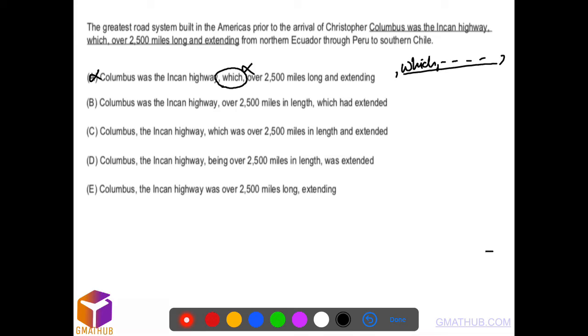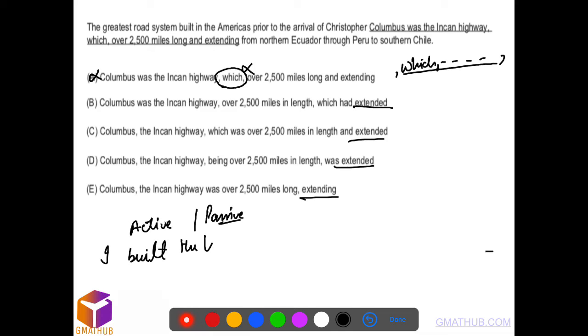Now between B, C and D, extended, E has extending. Now if you see, is the whole sentence in active voice or passive voice? Active voice would be "I built the highway and extended it to so and so." That is the right usage.